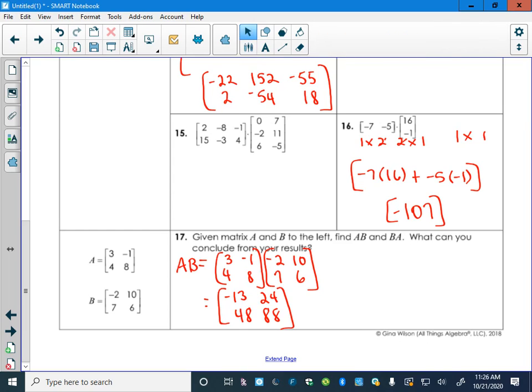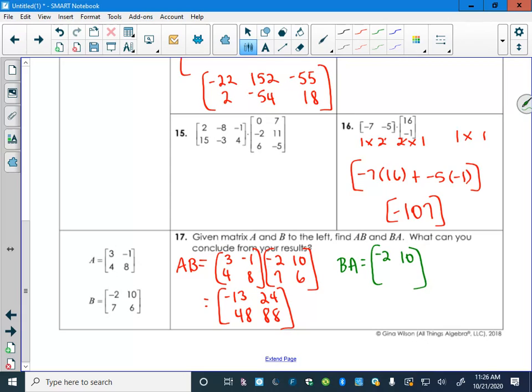All right, B times A means I would start with matrix B, which is negative 2, 10, 7, 6, and I would multiply it by matrix A. This result is not going to be the same as multiplying A times B. So this result is 34, 82, and the bottom row is 45, 41.